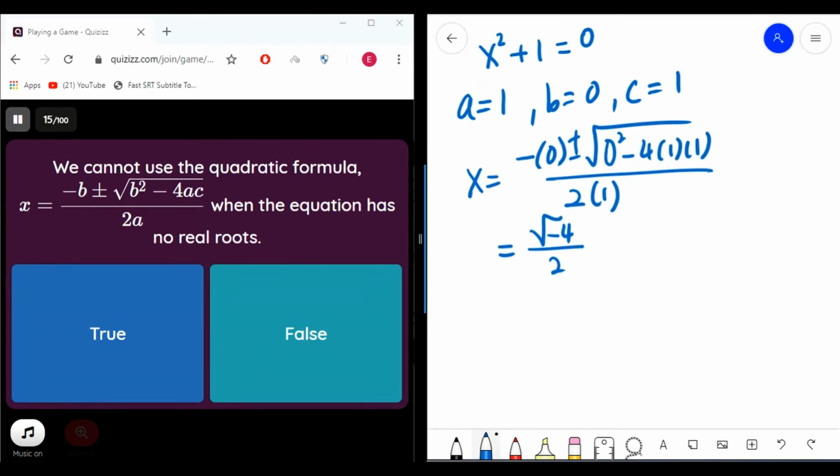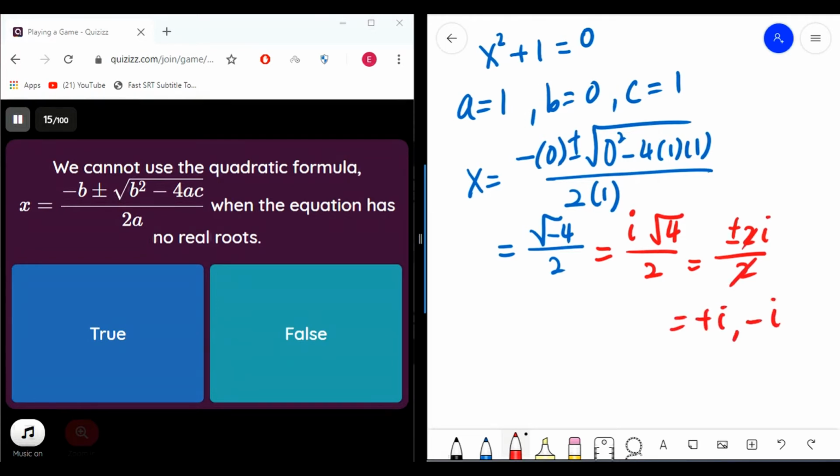We know that the square root of a negative number is undefined, right? But we can do this. This is actually the square root of 4, then multiplied by an imaginary number i, over 2. So we know that the square root of 4 is plus minus 2, right? Plus minus 2i over 2. 2 and 2 cancel. We'll end up having positive i or negative i.